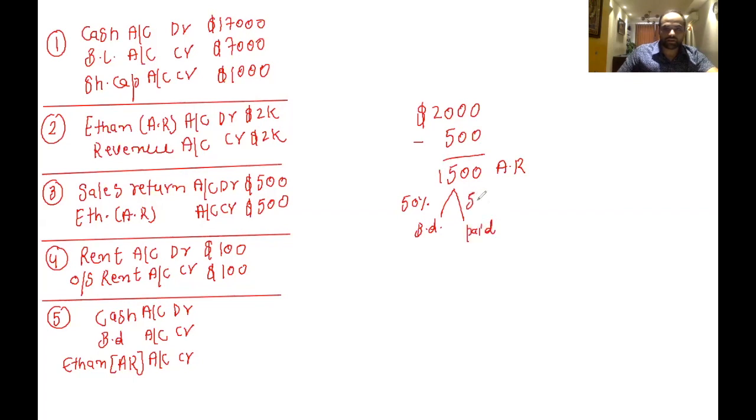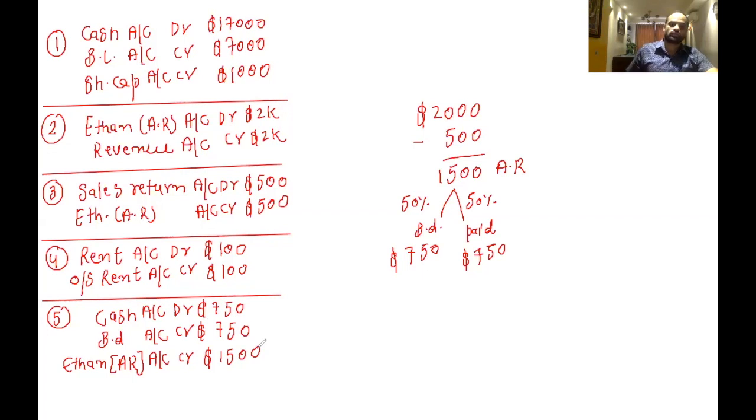So bad debts are 750 and cash is 750. So that's why cash account debit 750, bad debts debit 750, and Ethan credit 1,500.